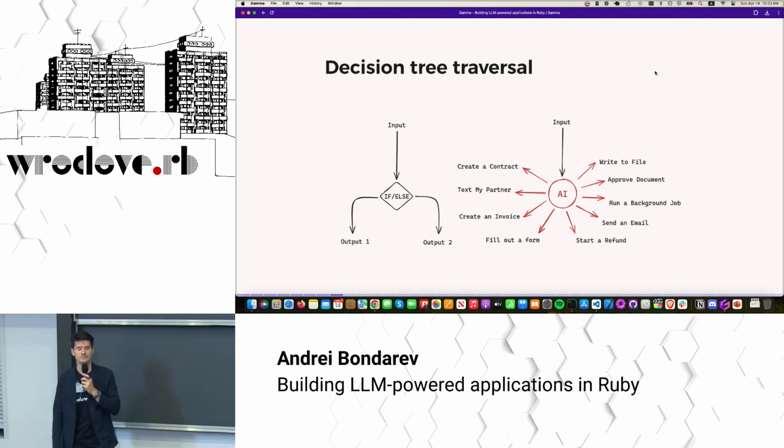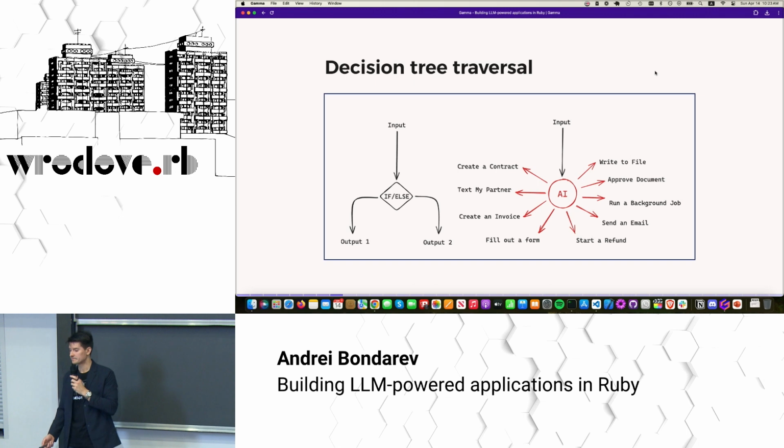So for example, given any input and a number of different outcomes or methods, the AI will pick the best suitable candidate, even for input that it's never seen before. For example, if it's an AI agent, you could have it write a file, approve a document, text my partner.